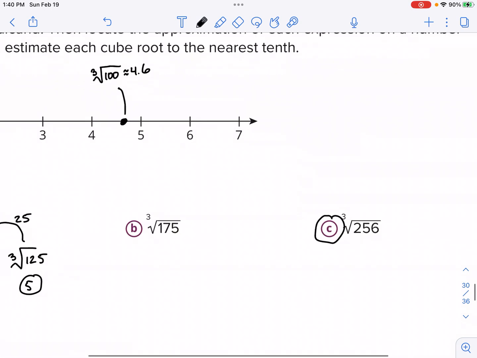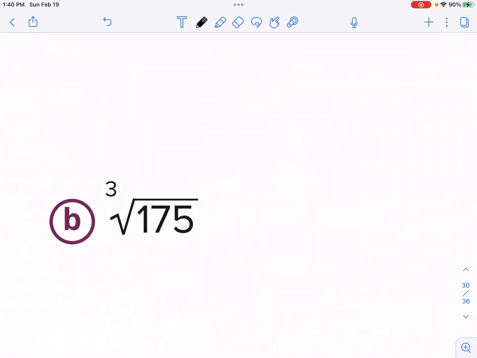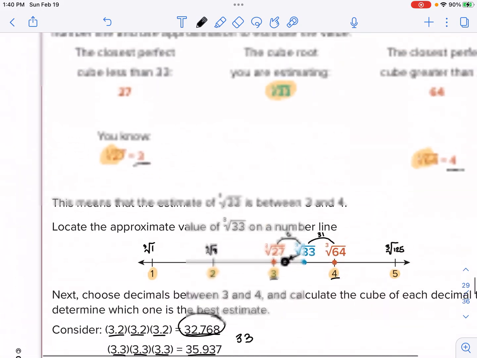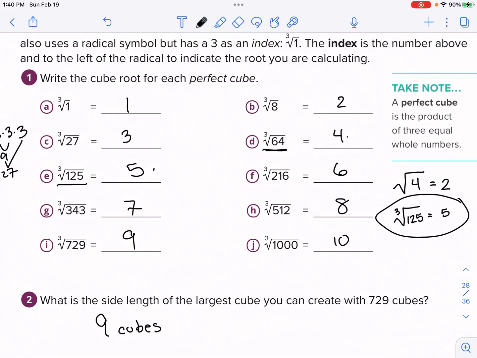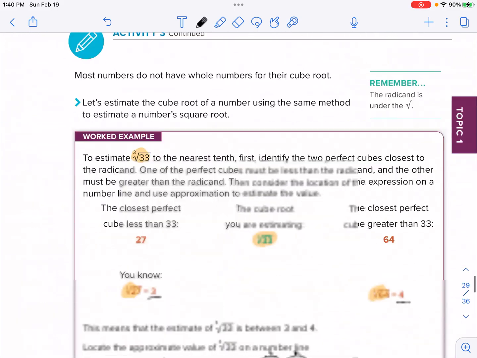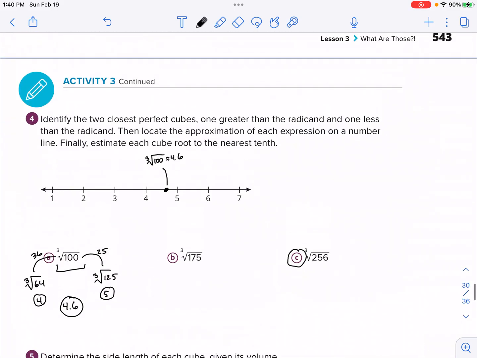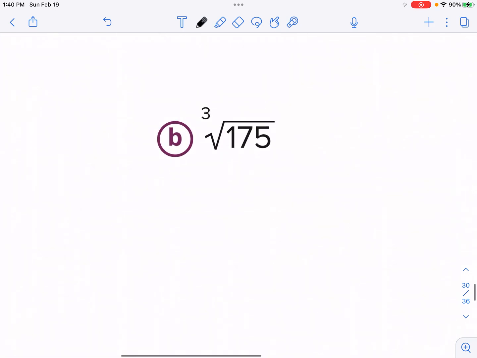Let's go to 175. So 175, which ones are surrounding 175? It looks like 125 and 216. So let's remember that, 125, 216. Okay, just like we did here, we're going to write them.